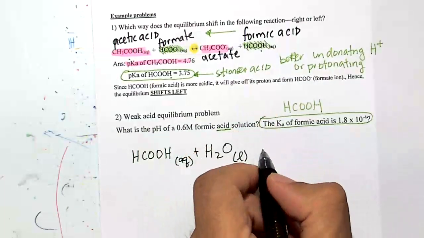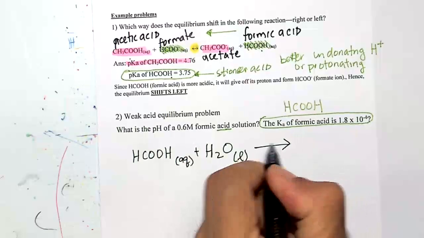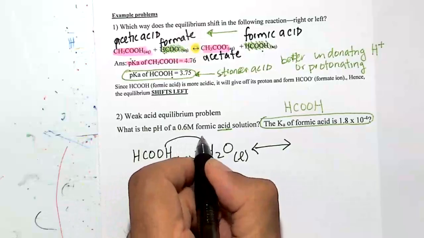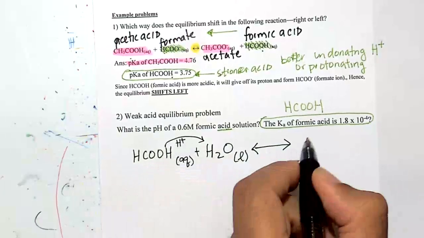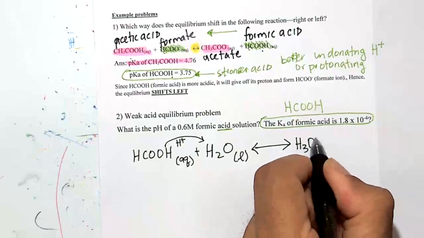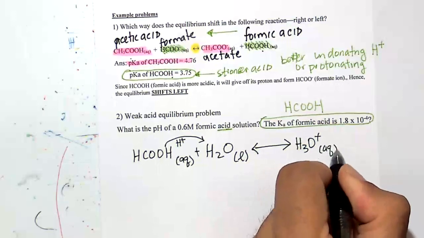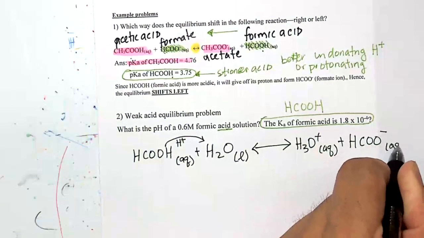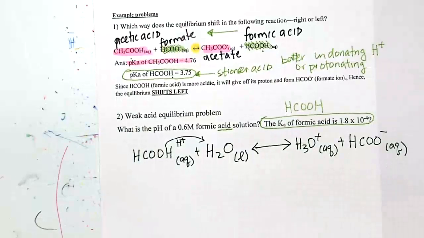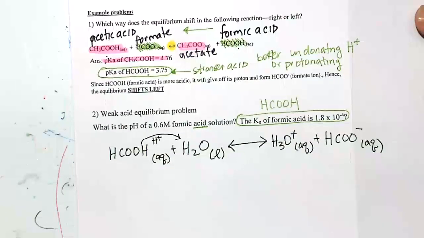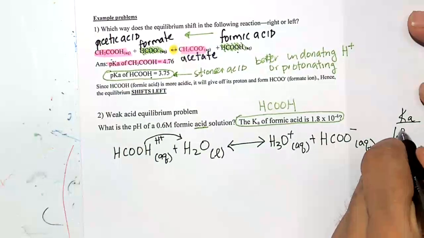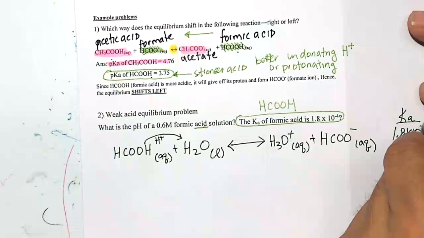Okay, what do weak acids do? They will react with water to give you what? Okay, they will react with water to give you H3O+ plus the conjugate base. Right, so the Ka for this is something I'll give you, 1.8 times 10 to the minus 4.